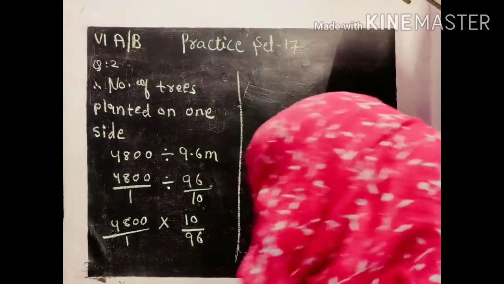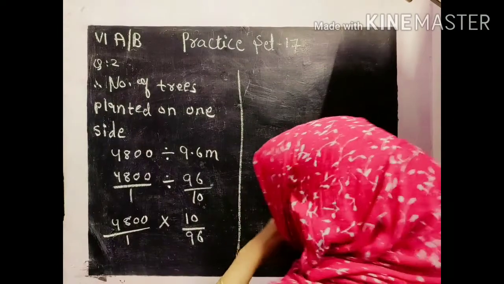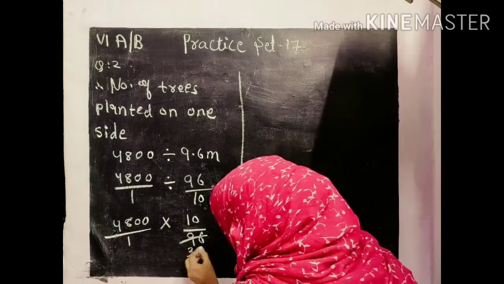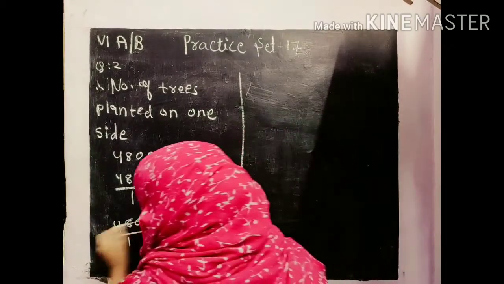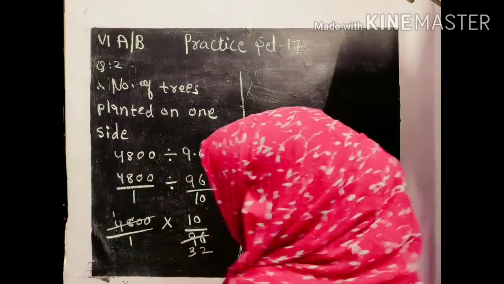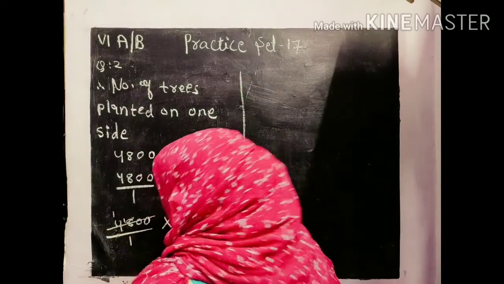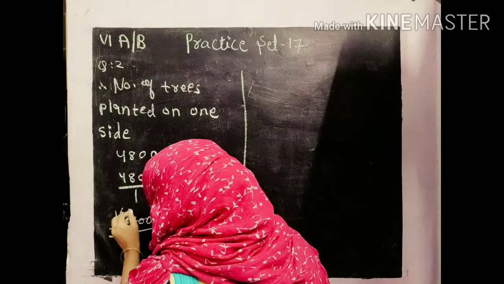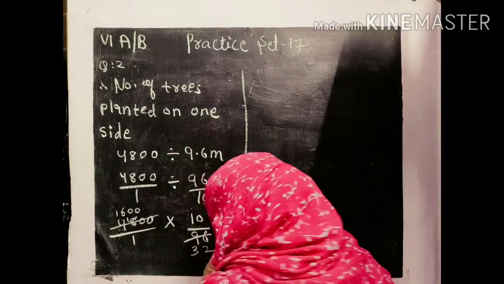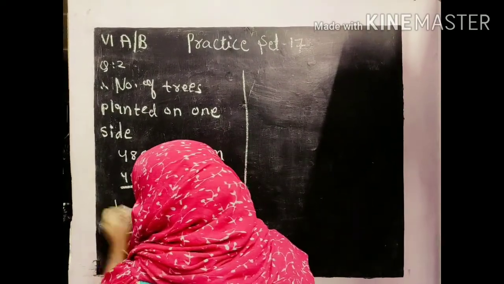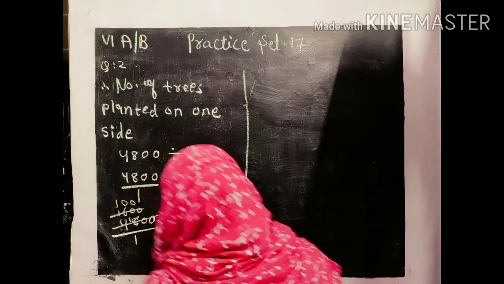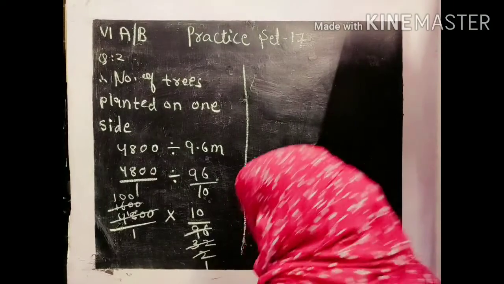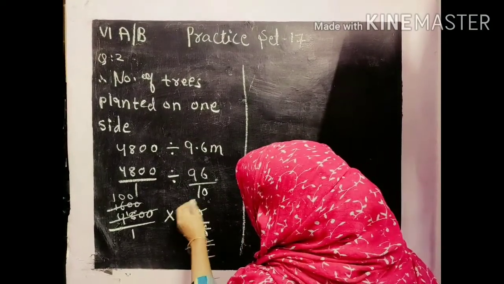Now we will do the division. 3 3s are 9, 3 2s are 6, 3 1s are 3. 3 6s are 18. 16 1s are 16 and 16 2s are 32. 2 1s are 2, 2 5s are 10.